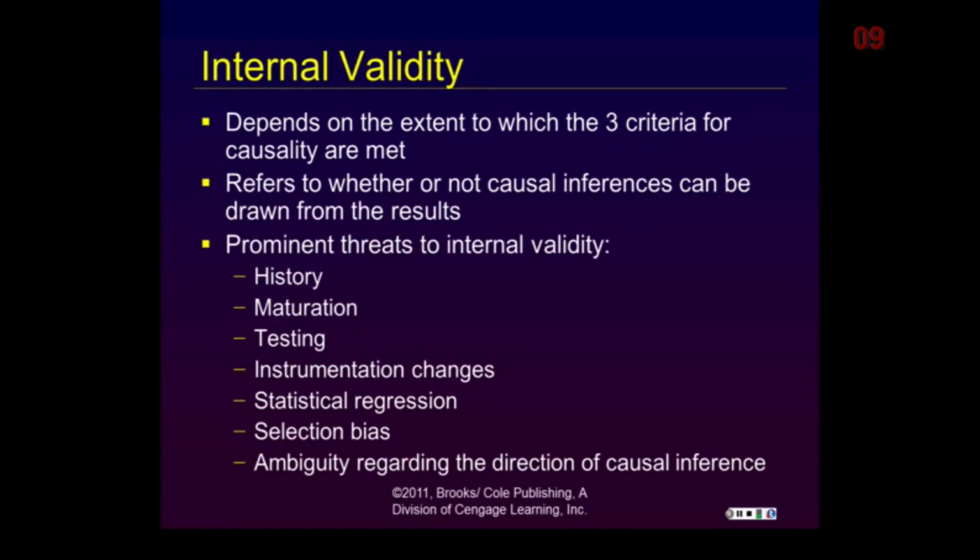In order for a causation to be considered internally valid depends on a lot of things, including those three criteria we just looked at: whether it proceeded in time, the independent variable preceded the dependent variable in time; the two variables were empirically correlated; and the observed empirical correlation between the two cannot be due to the influence of a third variable.